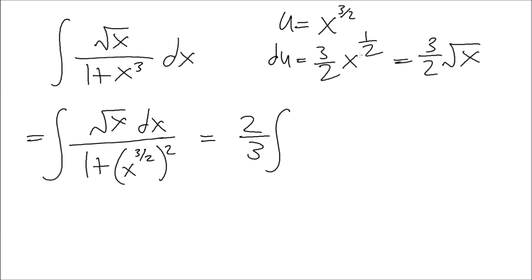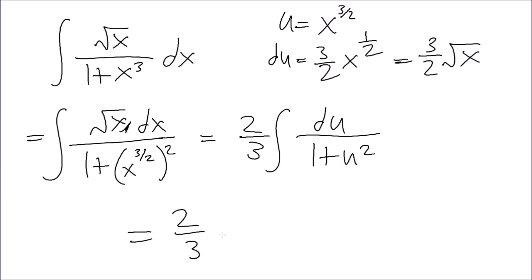So the du will take care of the square root of x here, and then we have 1 plus u squared. This is just inverse tangent, so the answer is 2/3 inverse tangent of u, which is x to the power of 3/2, plus c.